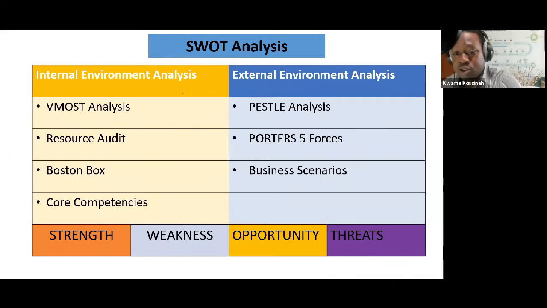Then you could also look at your PESTLE analysis, your Porter's 5 forces, and the business scenarios. And the business scenarios are more like war stories. What if we don't do this? What if this happens? And it's a process of helping us identify the opportunities and threats that can impact the solution being developed.